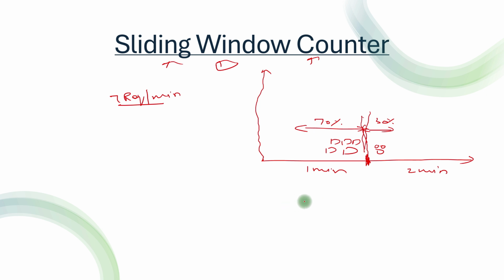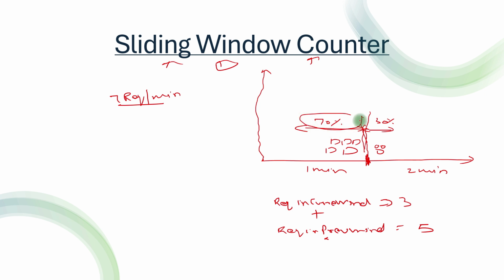It will be requests in the current window, that is 3, plus requests in the previous window, that is 5, multiplied by this percentage.